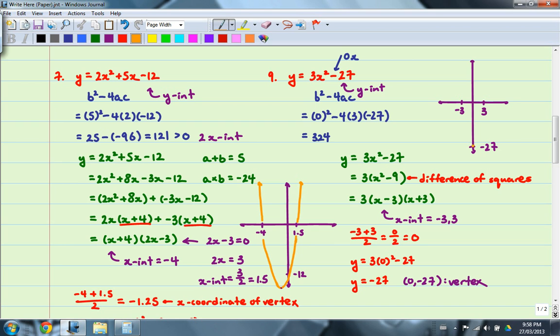So again, do your best. Try to make it so that it looks parabolic and does not have a sharp corner. Okay. And that will be sufficient for number 9.